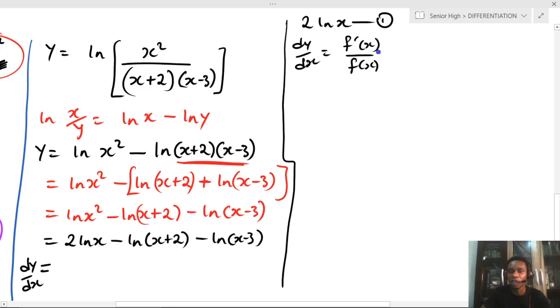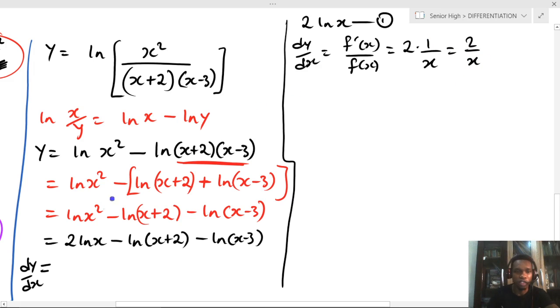So what's our f prime of x? For ln x, we know it is just going to give us 1 over x. So the answer will be 2 over x, right?